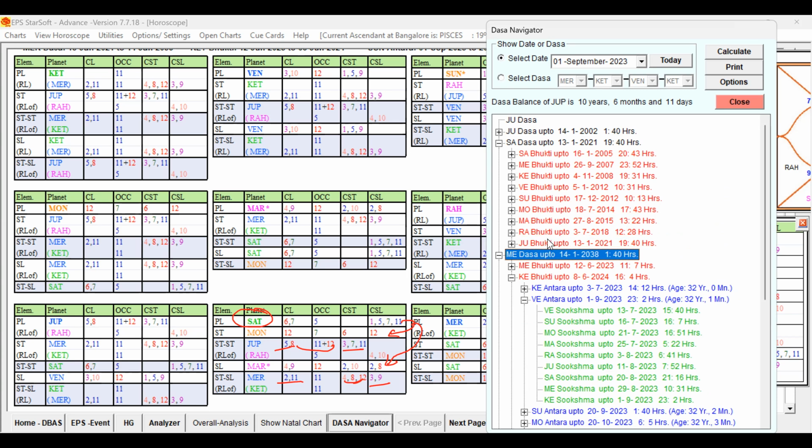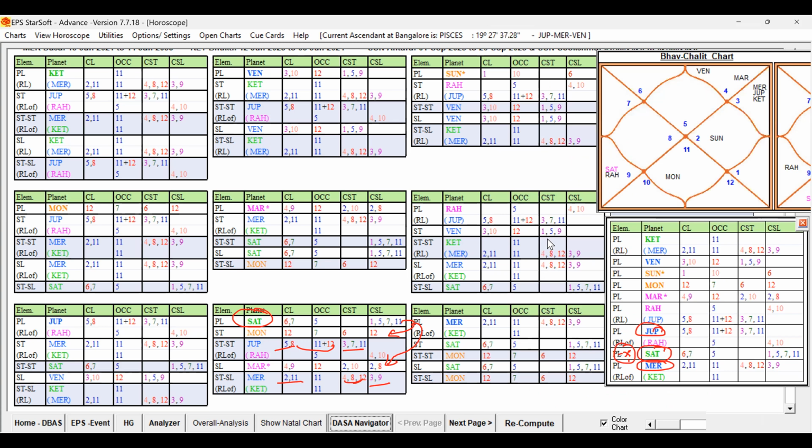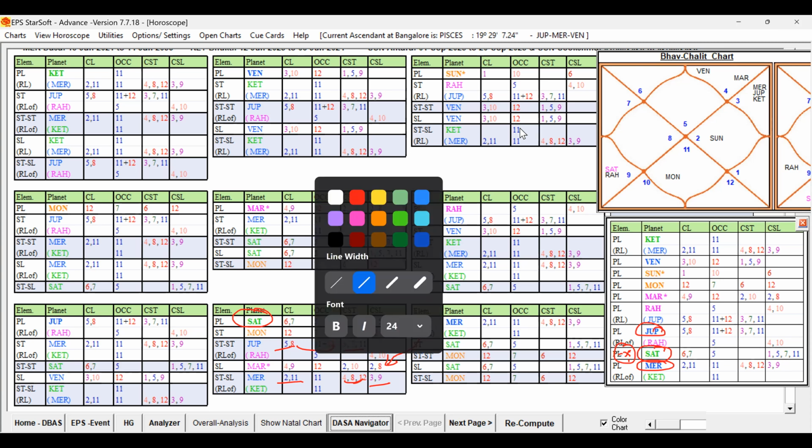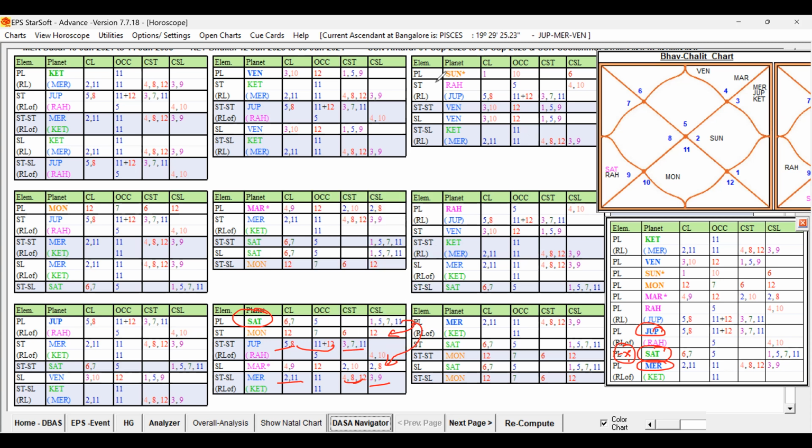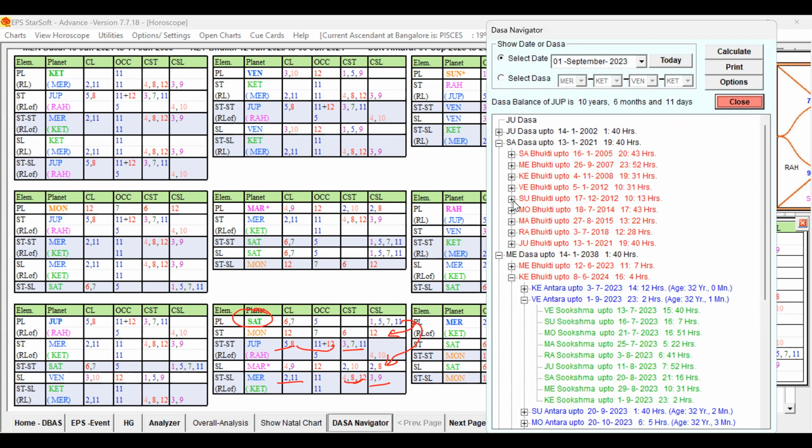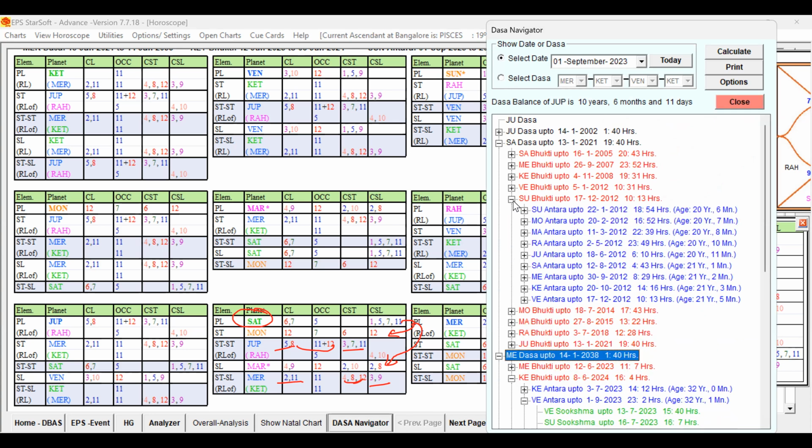The marriageable age is running. Even at 21 years, Sun Bhukti will also be coming into play. So in that case, the native being female, we can take 19 years also, right? Let me check again. Saturn Dasa, Sun Bhukti, yes, from 20 years onwards that Sun Bhukti is running.